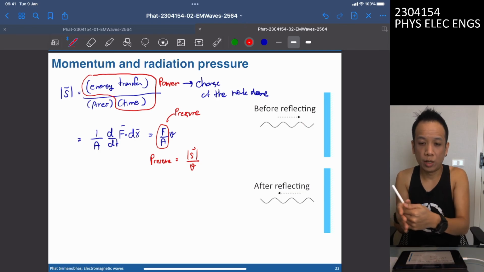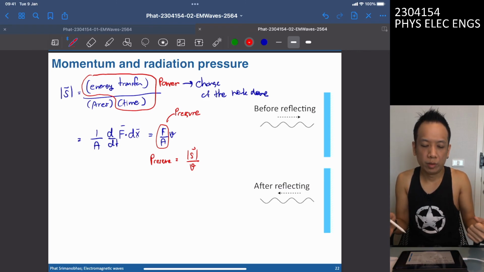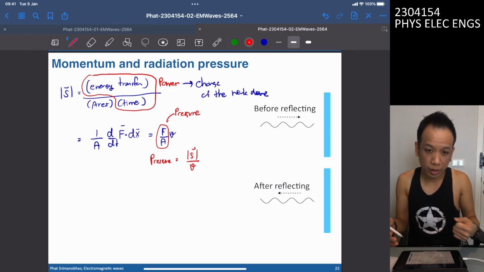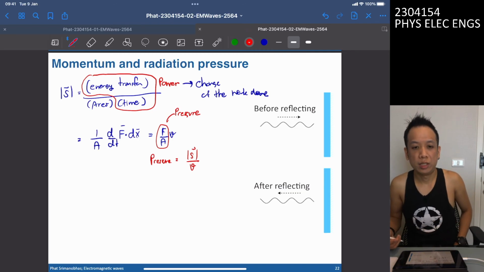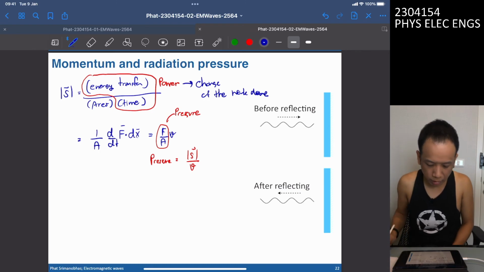So this is one situation, and then you have the wall and the ball goes back. So you have twice the momentum change, for example. Okay, and then the pressure changes in that sense.